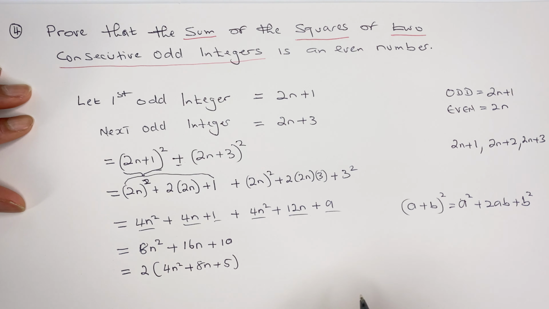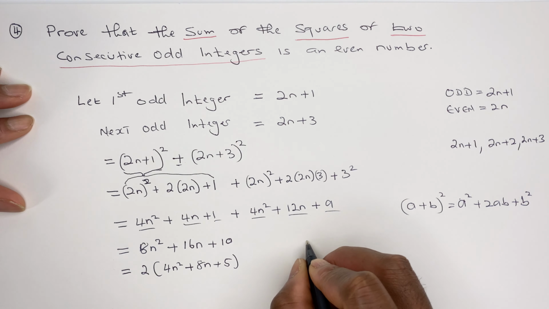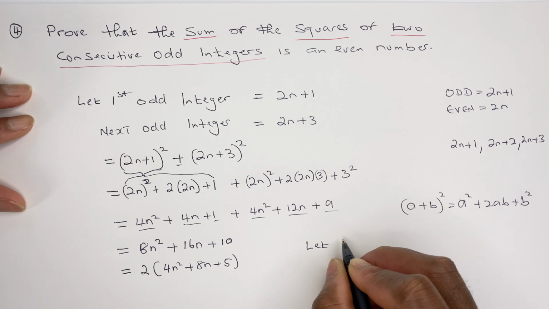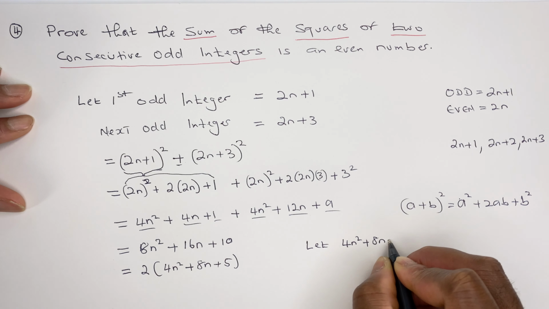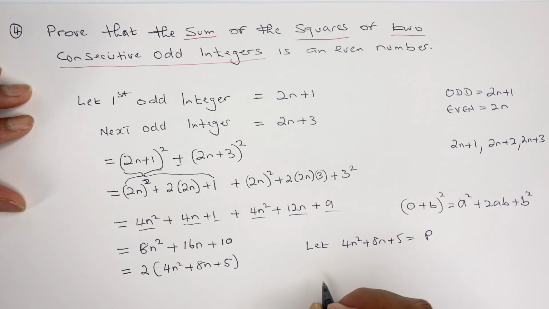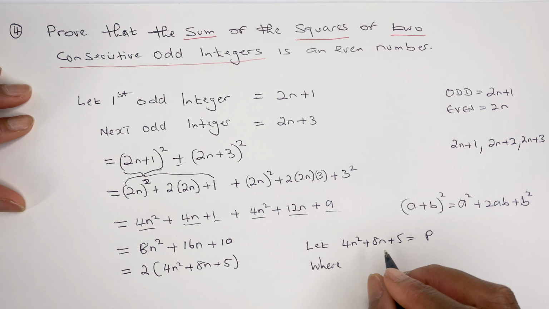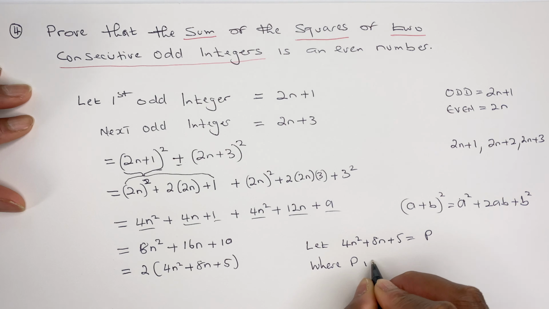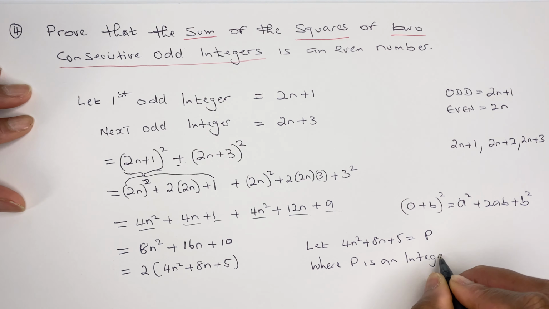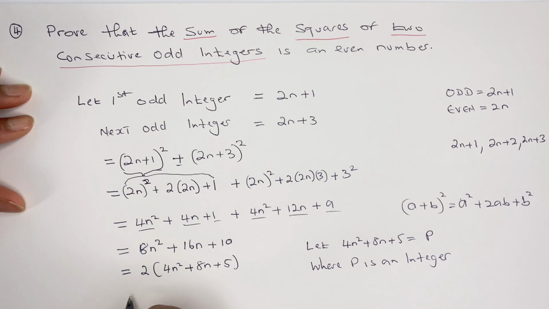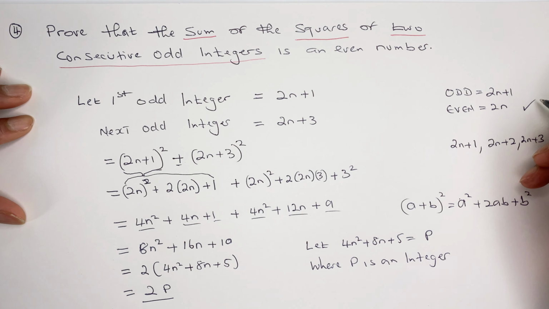And then what I need to do here is to say, well, let 4n squared plus 8n plus 5 equal p, where p is an integer, and therefore I will get 2p, and 2p is an even number from the definition of even and odd.